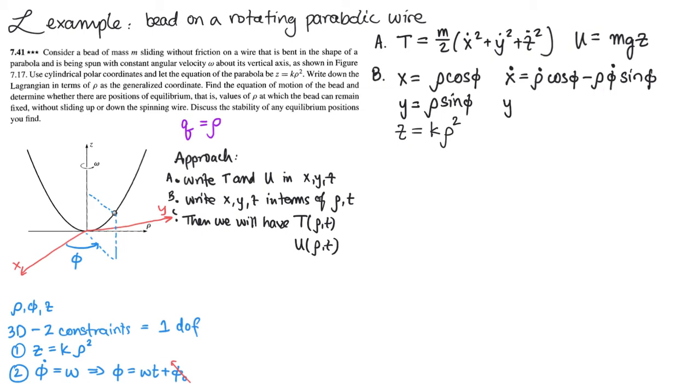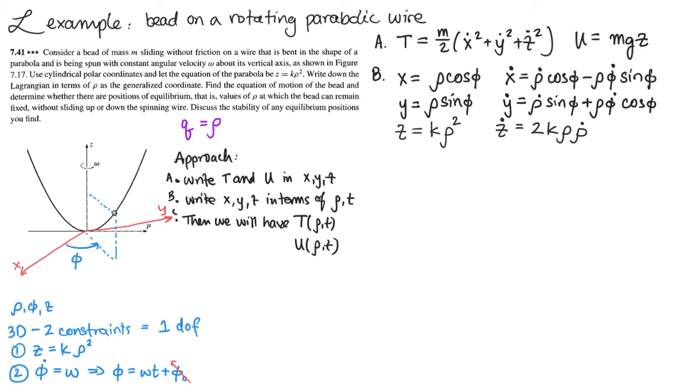Things are going to look pretty much the same for the y coordinate. We're going to have a rho dot sine, this time plus rho phi dot cosine. And we have that z dot is given by 2k rho times rho dot.